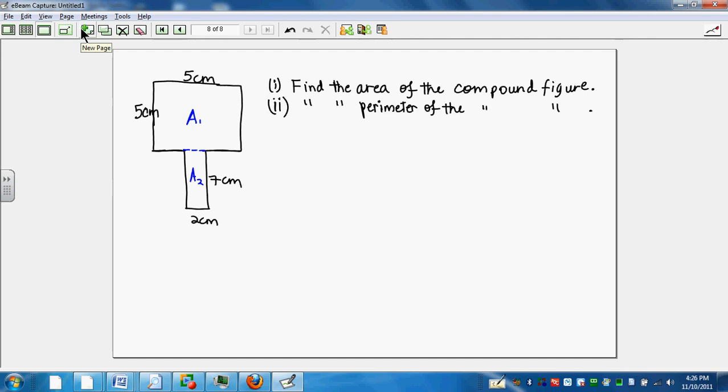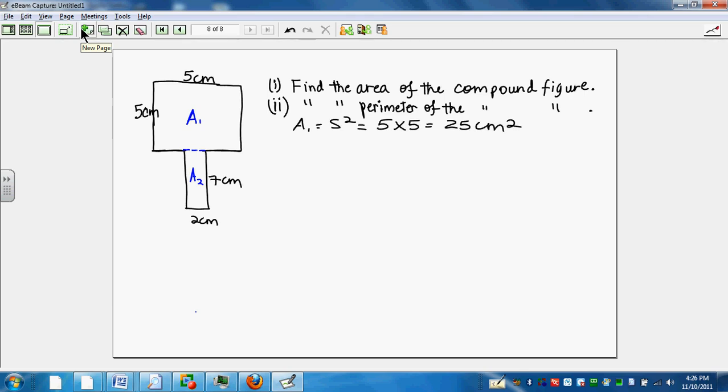Now the area A1, which is the area of the square, is side multiplied by side, or side squared, which will be 5 multiplied by 5, which is 25 cm squared.